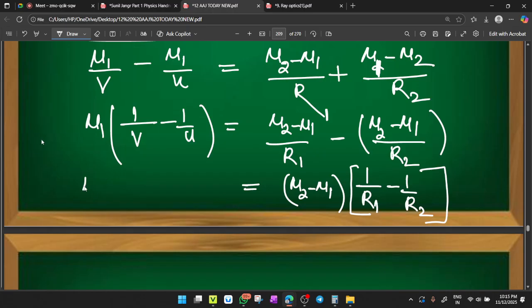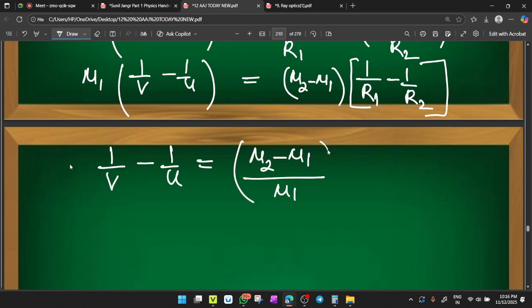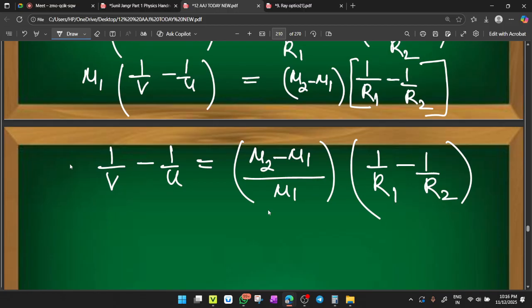So mu1 times 1 upon v minus 1 upon u equals this one. So 1 upon v minus 1 upon u equals mu2 minus mu1 upon mu1, times 1 upon r1 minus 1 upon r2. Clear?